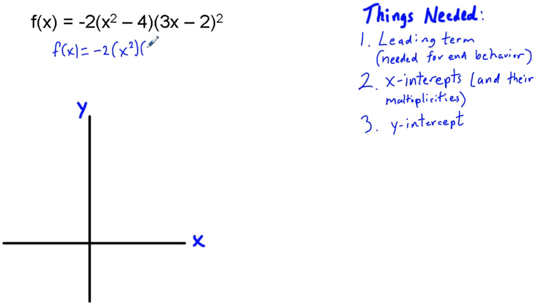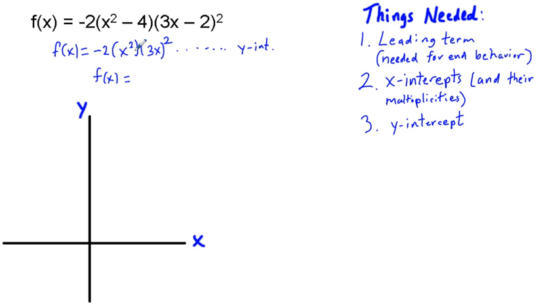And then we have this 3x squared. And so all this, when simplified, is going to establish our leading term. And also, there's going to be other things, and then finally the y-intercept.